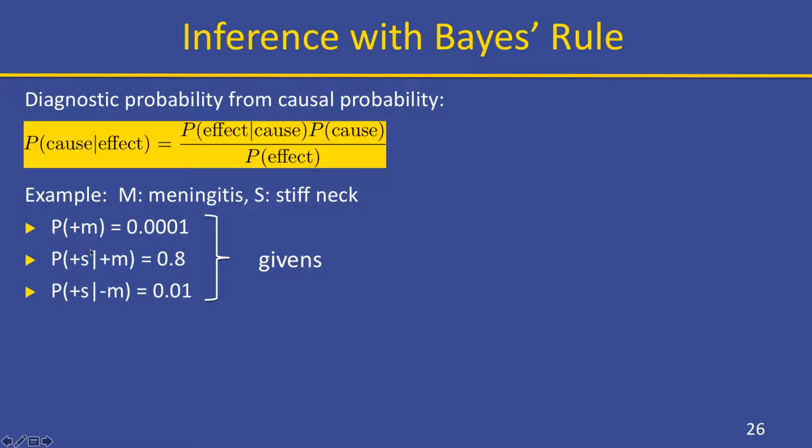We are also given the conditional distribution for s, given plus m and minus m. These are relatively easy to measure. Out of all the patients who have meningitis, we count how many have a stiff neck. And out of patients who do not have meningitis, we count how many have a stiff neck. And we compute these probabilities.